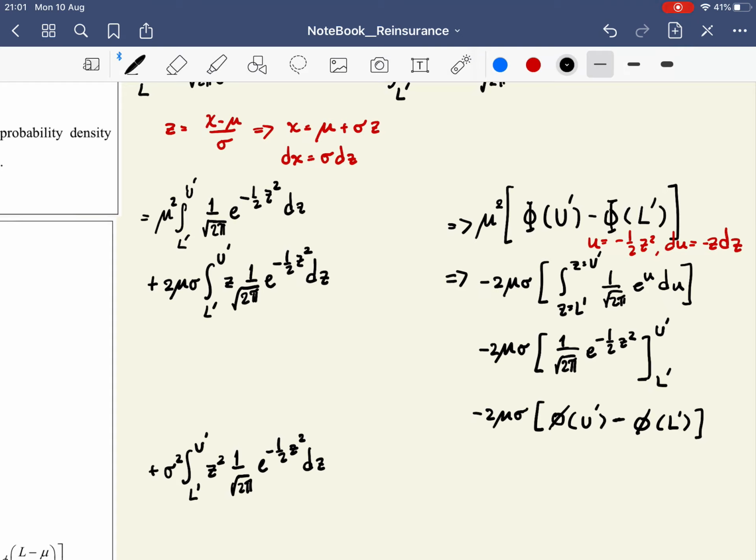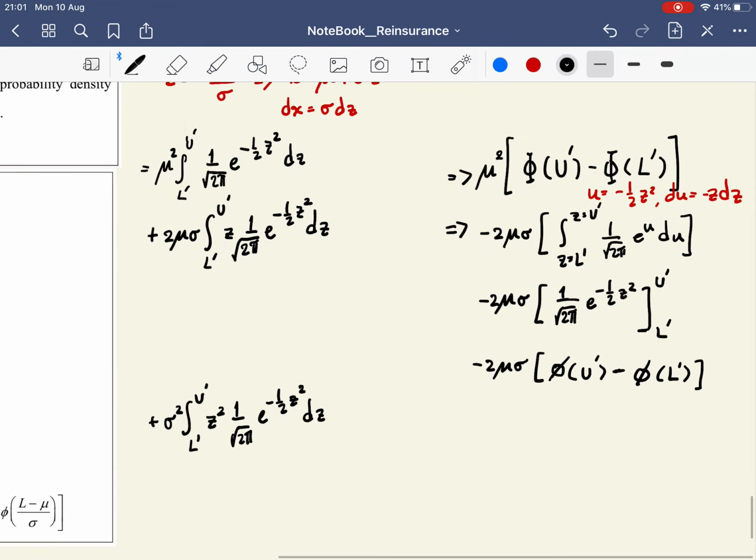So how do we deal with this one? The way we deal with this one is we're going to do integration by parts, okay? We're going to do integration by parts because this one is the sigma square of the integral from L prime to U prime of z multiplied by z.